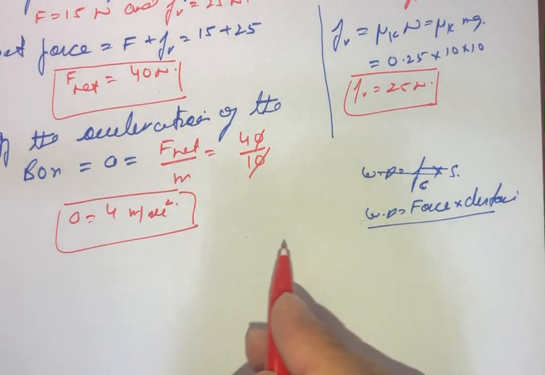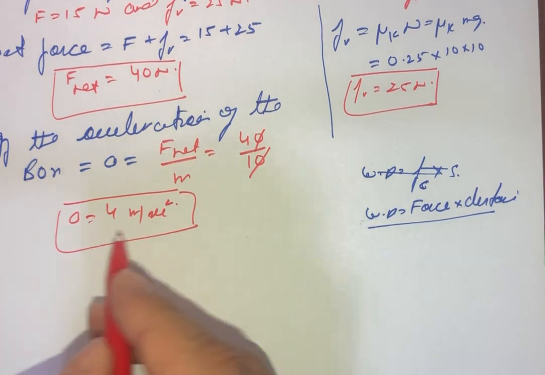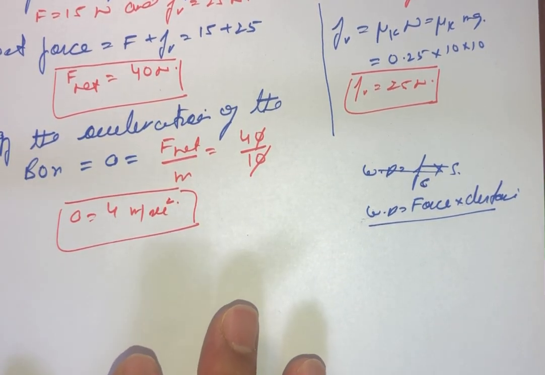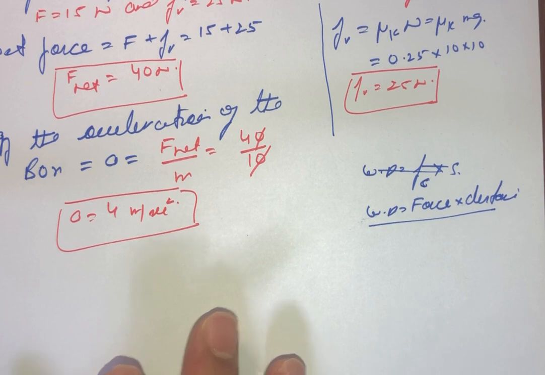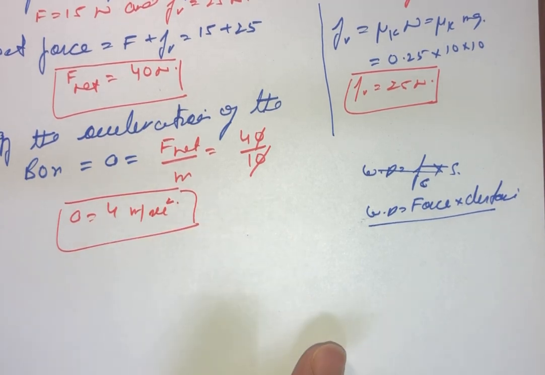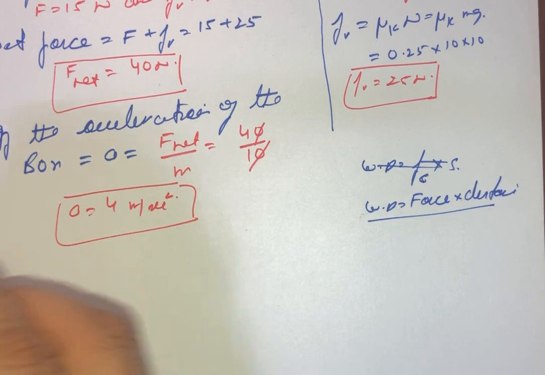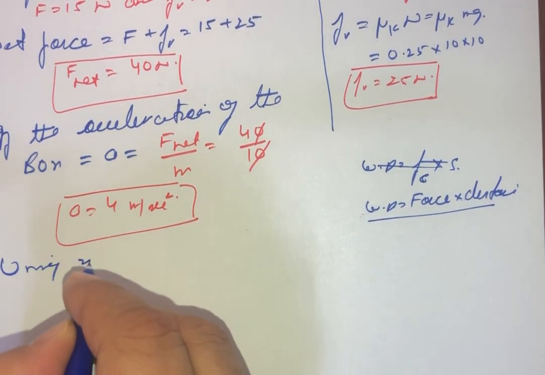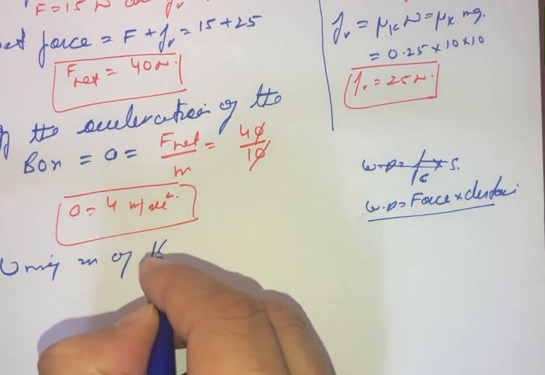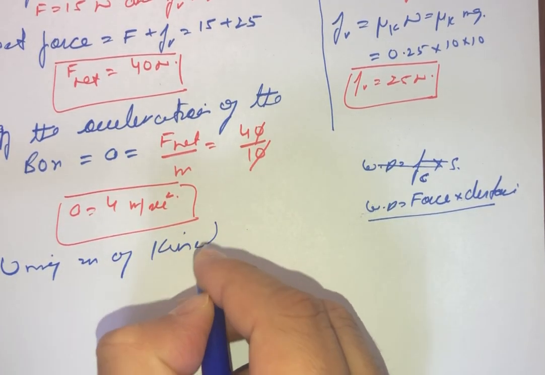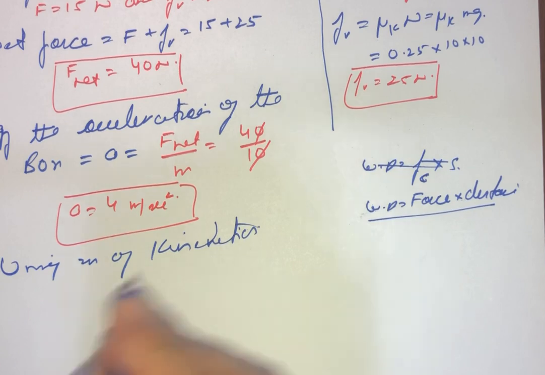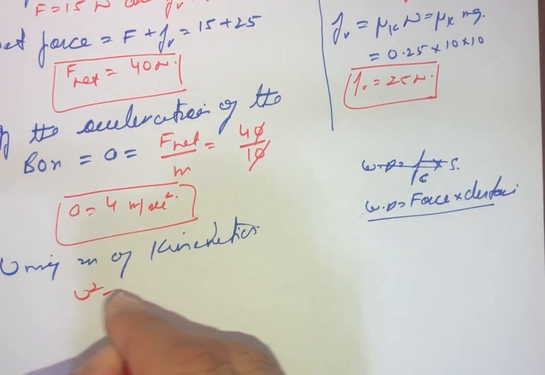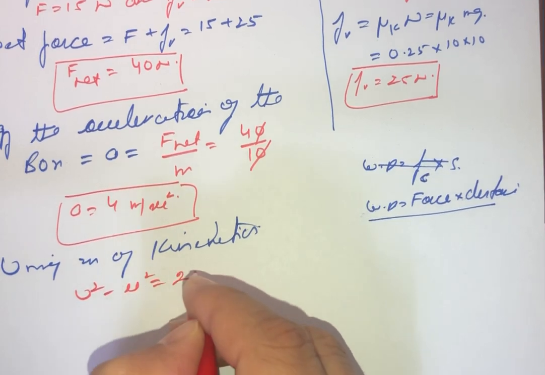So we already know that the initial velocity of the block is 0, and the final velocity is 20 meter per second. So we can find out the distance using the equation of kinematics, which means v square minus u square is equal to 2as.